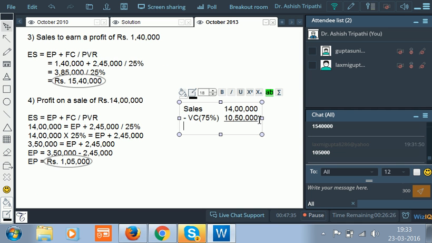10,50,000. Now if we subtract this, you will get contribution. So contribution will be 14 lakh minus 10,50,000. So contribution is 3,50,000. From this you subtract fixed cost.